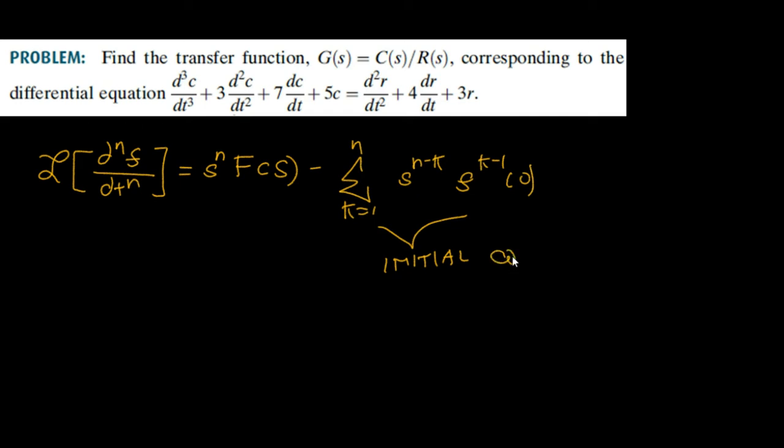So usually pag nilalaplace transform natin yung function of t or any time domain, yung Laplace transform niya nagiging capital letter, no? So minus summation k equals 1 to n, s raised to n minus k, f raised to k minus 1 of 0. So itong term na to, ito yung initial condition or initial conditions kasi naka-summation siya.